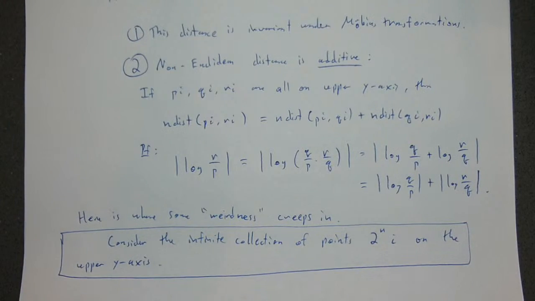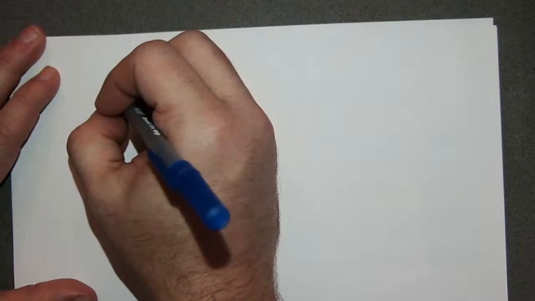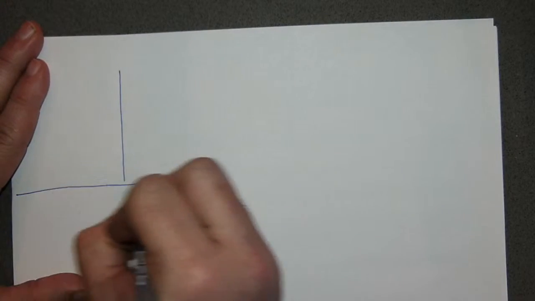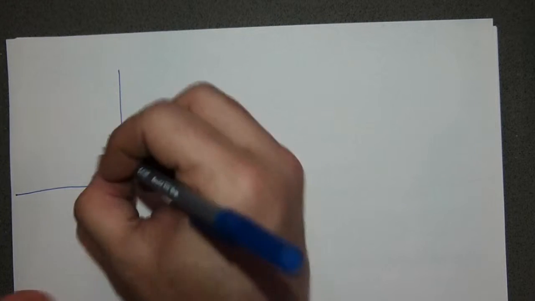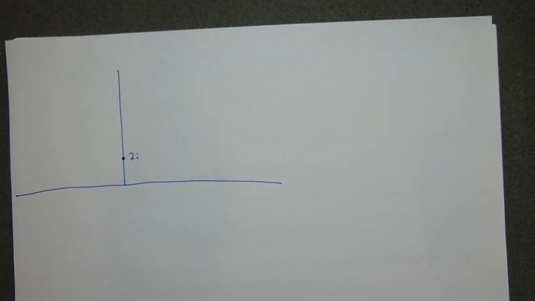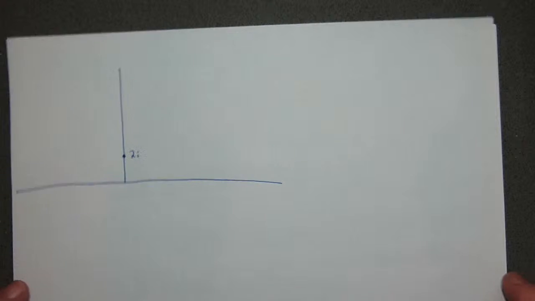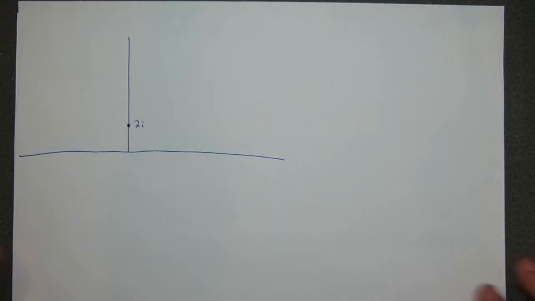Maybe let's draw a picture here. So let's pick 2i. We'll say that 2i is here. Next would be 4i.